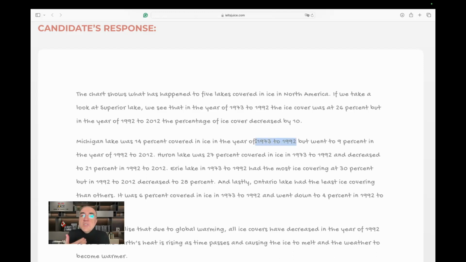Why do we keep repeating this structure? We can say in the former period, in the latter period, in the first period, in the second period, in the first 20-year period, or in the first 20 years of the survey, in the second 20 years of the survey. We can play around.